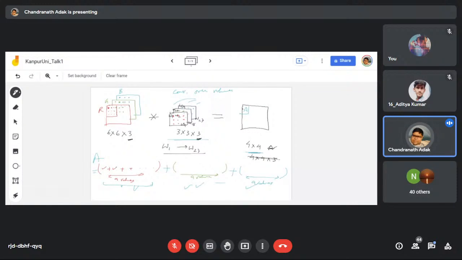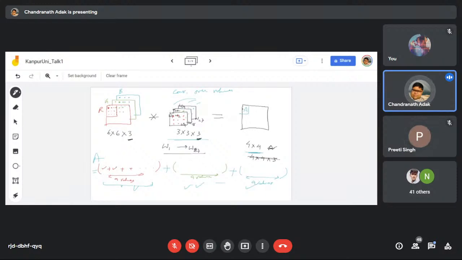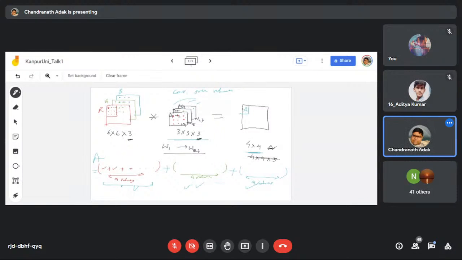These 27 values you are learning. Plus one bias term is there, so 28 values you are learning. Clear? Anyone having any doubt? So you can think of this as one volume. Convolution over volume, still we are getting one single value.